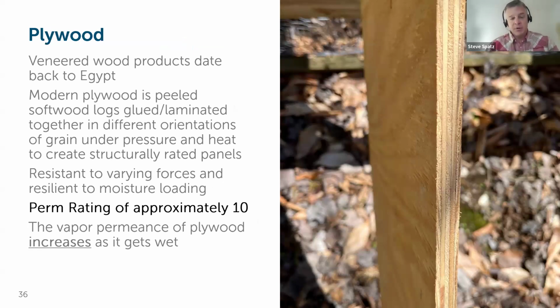So just kind of simply put, for our structural sheathing layer, we kind of have a limited number of options. You can sheathe a building with dimensional lumber. I'm seeing more of that now than I've seen in the past.